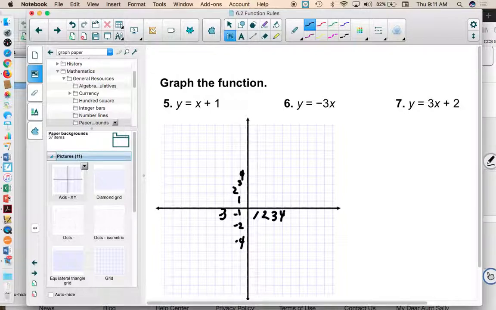So if I want to graph that, what's my slope? What's the y-intercept? 1. Okay, y-intercept is 1. My slope is 1. It's positive. I can draw the line.